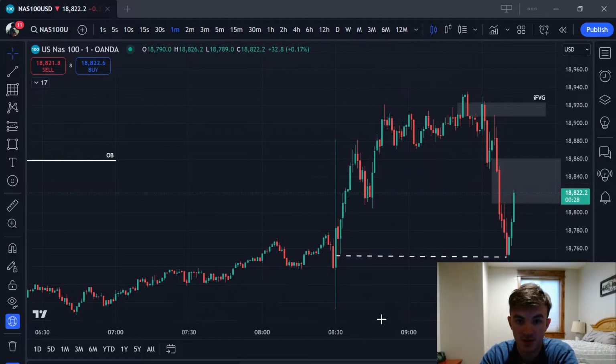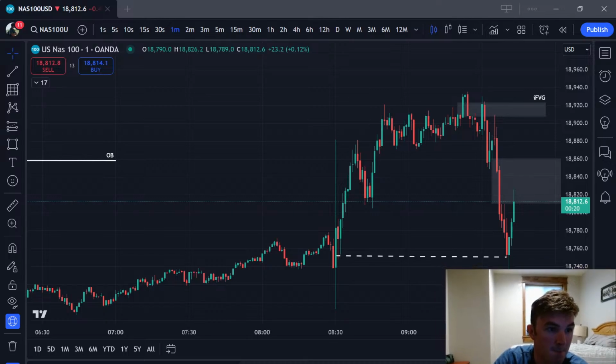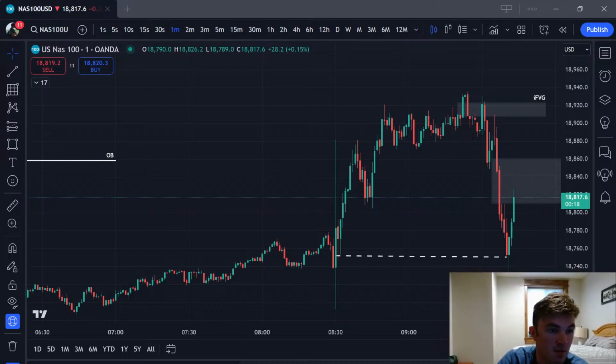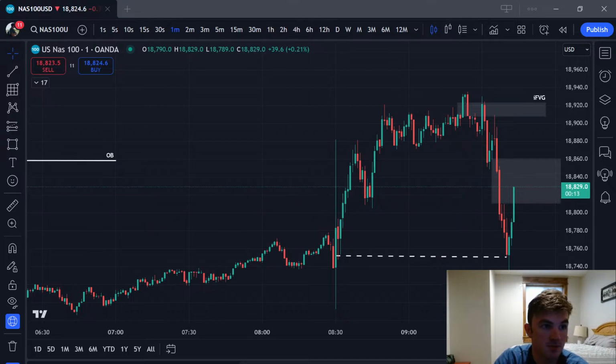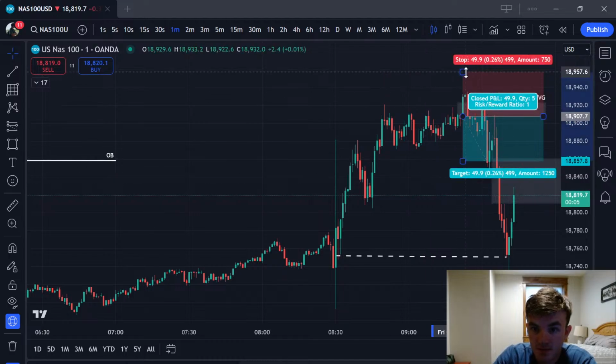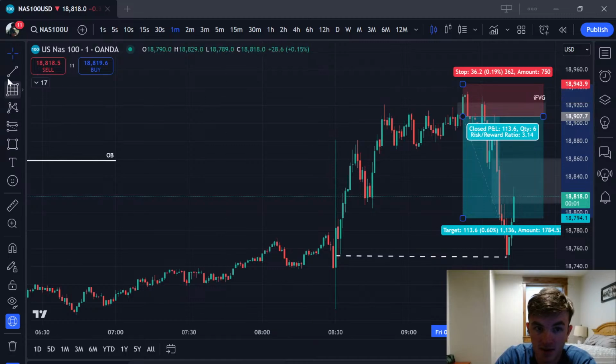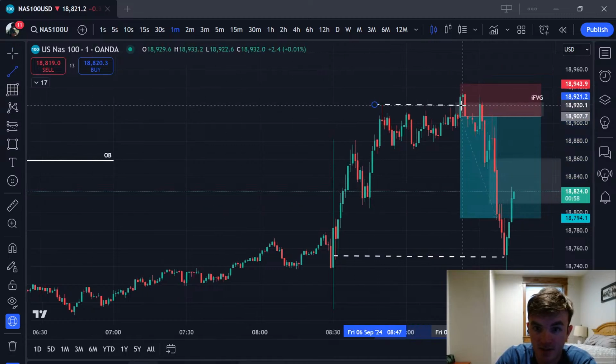So just to show what the trade would have been, right? Stop loss above here, and it swept buy side, right?